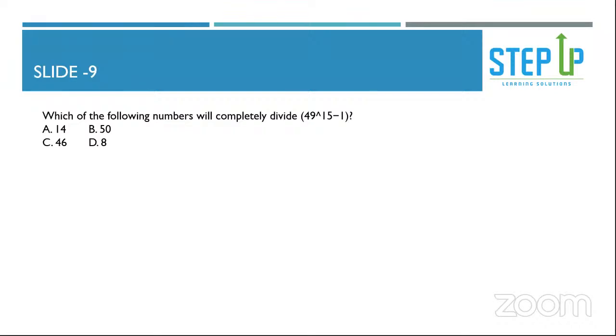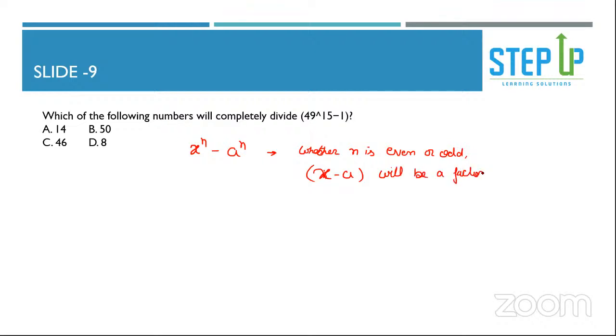Which of the following numbers will completely divide 49 to the power 15 minus 1? There is a rule for this. X to the power n minus a to the power n, whether n is even or odd, x minus a will be a factor of x to the power n minus a to the power n.